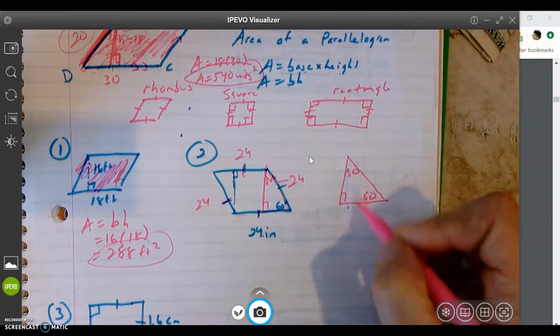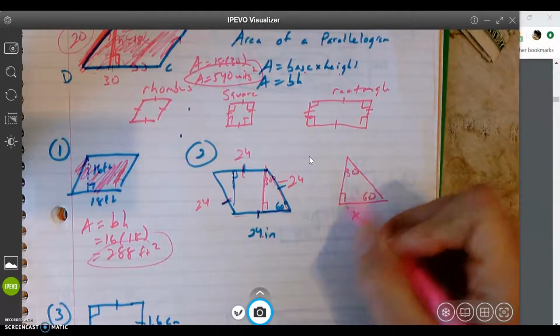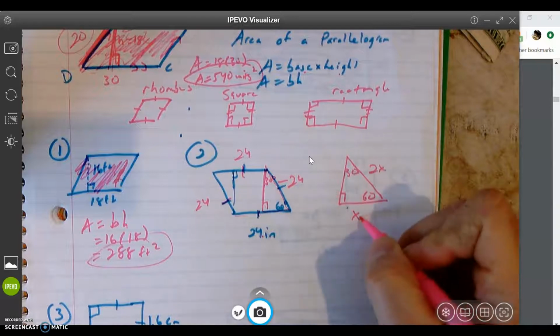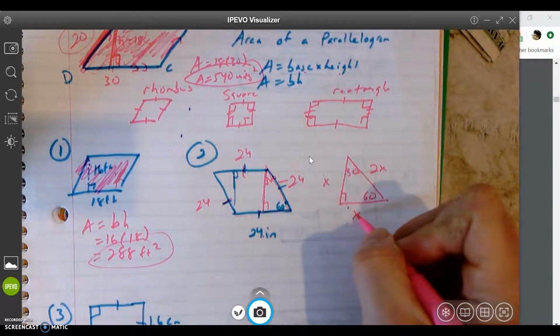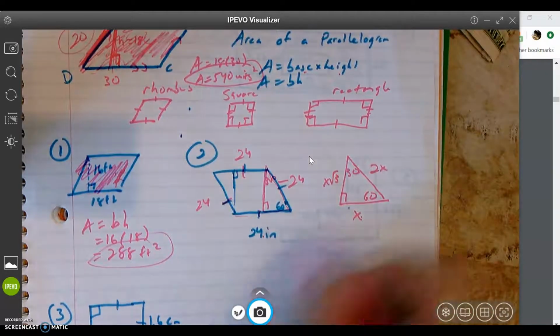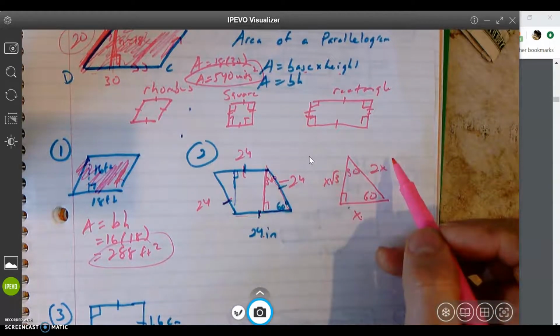So opposite the 30 is always just x. Opposite the right angle, the hypotenuse, is going to be 2x, double whatever that other side is. And then opposite the 60 is whatever the side opposite the 30 is times radical 3. So this is the pattern that exists in all 30, 60, 90 triangles.